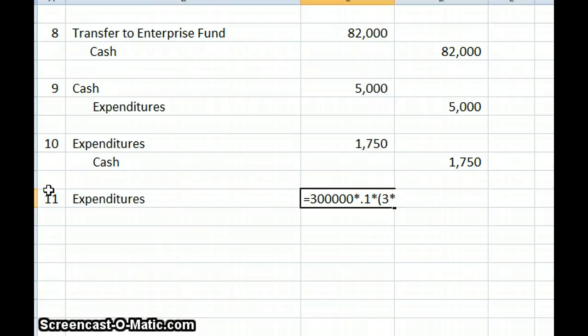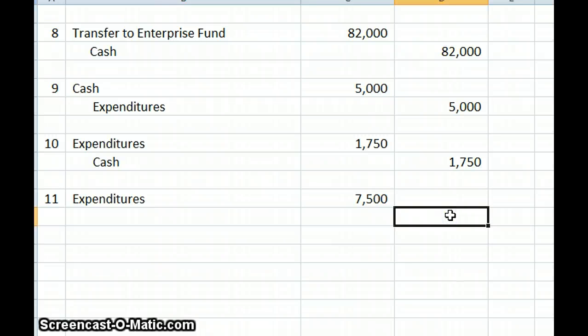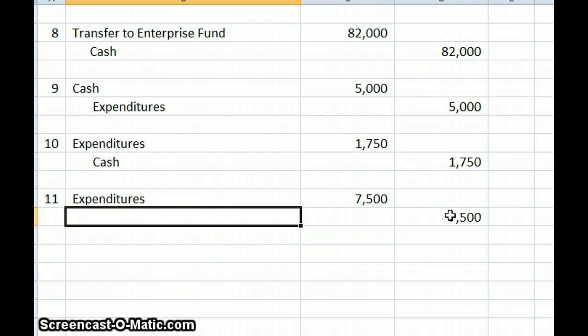Divided by 12. There we go. So $7,500. So again, we take our $300,000 note, it's a 10% annual rate, and divide that rate basically into 3 months, and take that times our principal balance, $7,500. There's expenditures, cash. Our accrued interest payable is going to be $7,500.